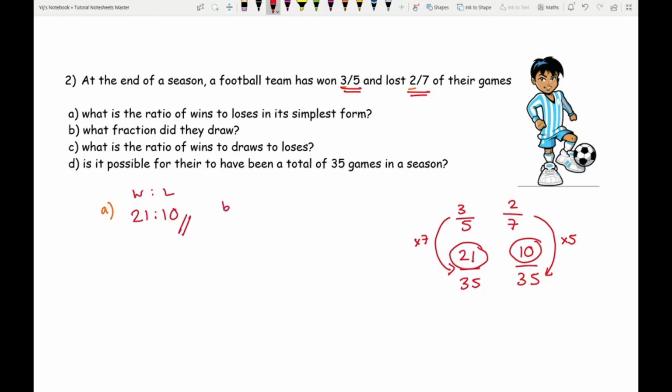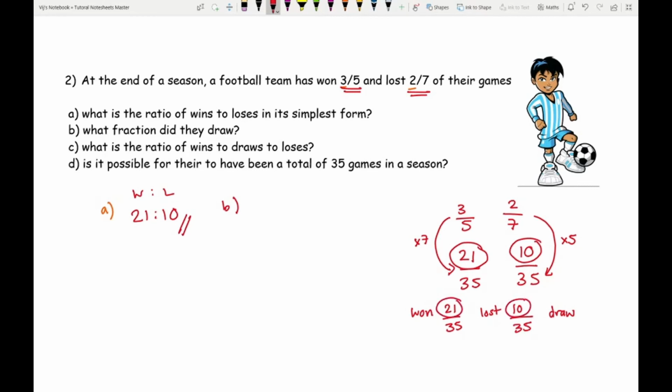For part B, what fraction did they draw? Well, if they won 21 out of 35, and they lost 10 out of 35, the draw is going to be the difference from 35.